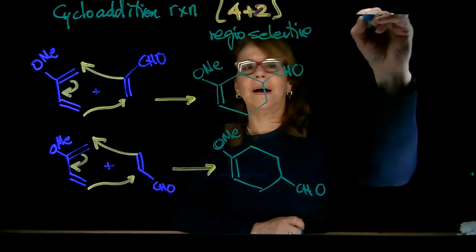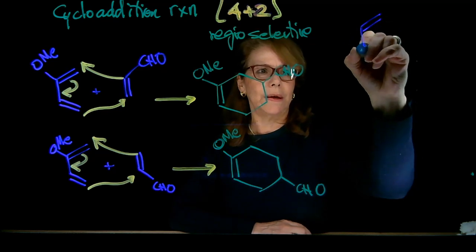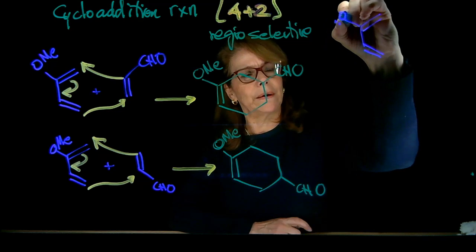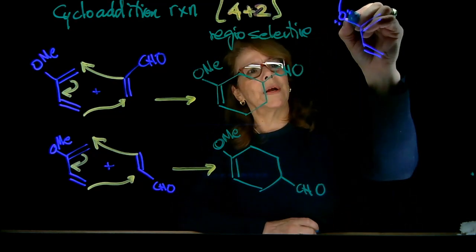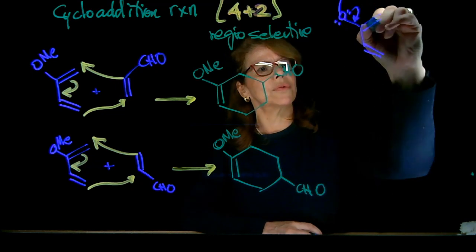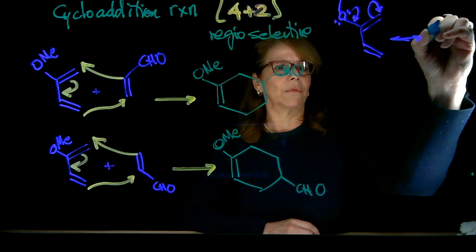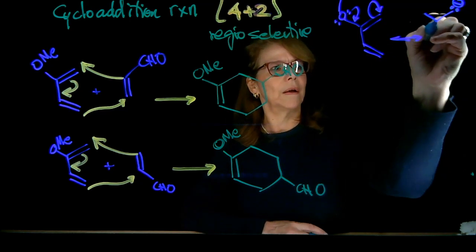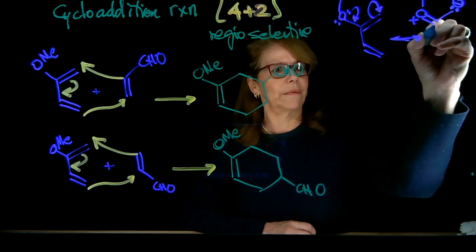I'm going to start with my diene. And we know that we have lone pairs here, right? That's my methoxy group. So I can draw a resonance structure like that. And in this case, I create this double bond here, with a formal positive charge at the oxygen.